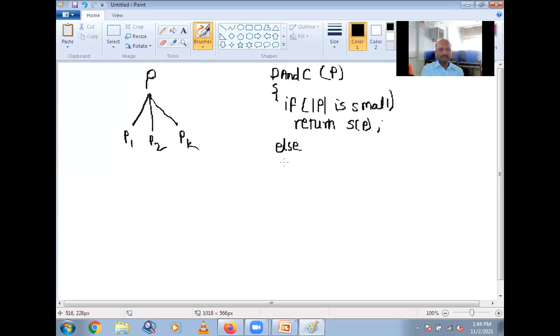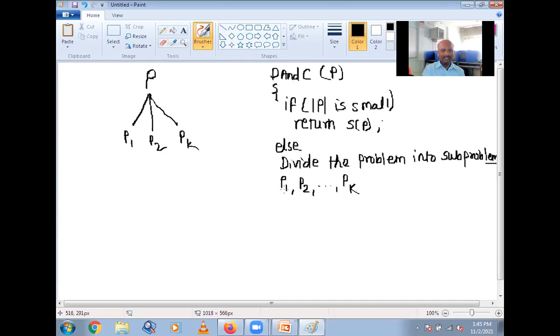Otherwise, that is else, divide the problem into sub problems such as P1, P2, P3, P4 up to Pk.